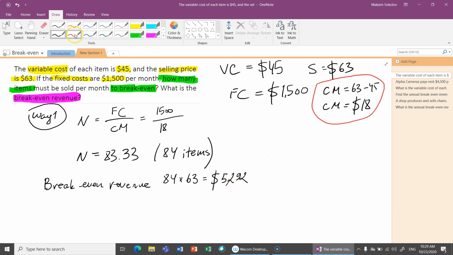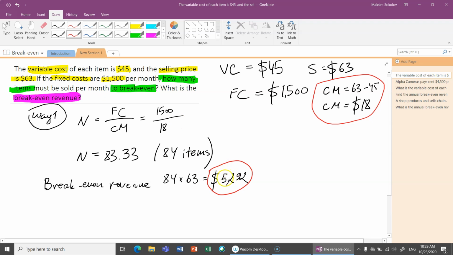In other words, when we receive from our customers $5,292, we will break even. And this $5,292 is what we call break-even revenue.